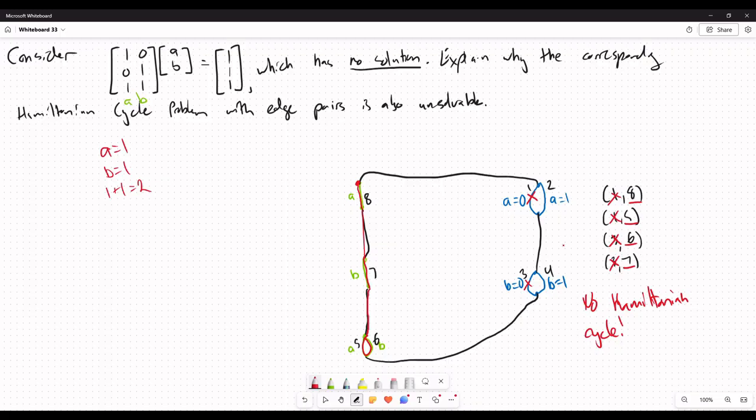So again, we need to justify that if I can't find a Hamiltonian cycle with edge pairs here, that means I also can't find a solution to my problem there. I'm going to write that out because it's actually much easier to justify something else. So if I can't find a Ham cycle, I can't find a solution to the 0, 1 equation.